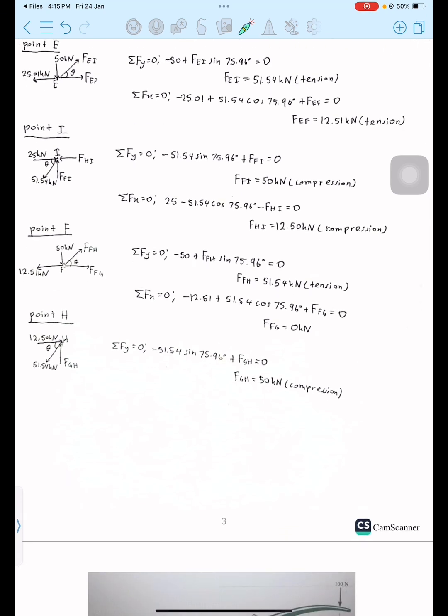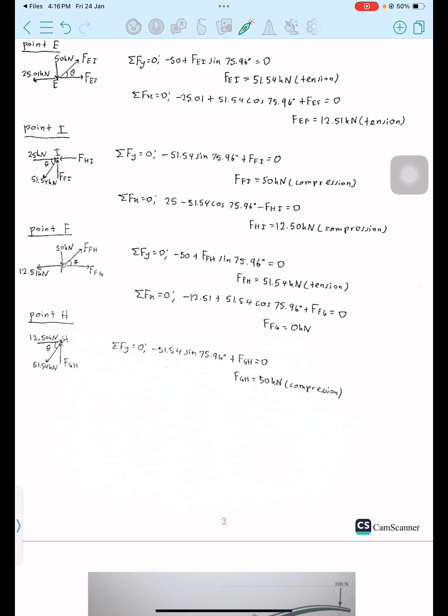Point F, we have these two unknown, which are FFH and FFG, both pointing outward from the F point. And 12.51 kilonewton is also pointing outward from the F point. This 50 kilonewton is the only one pointing towards the F point.